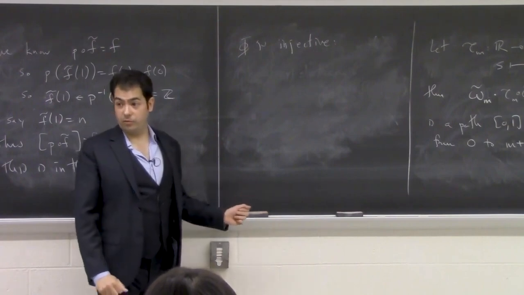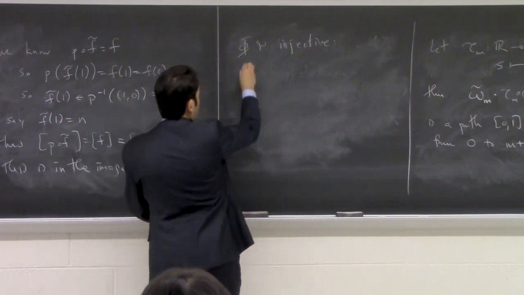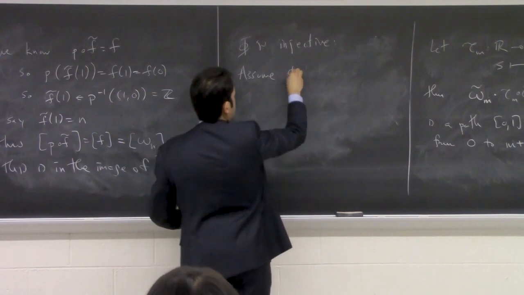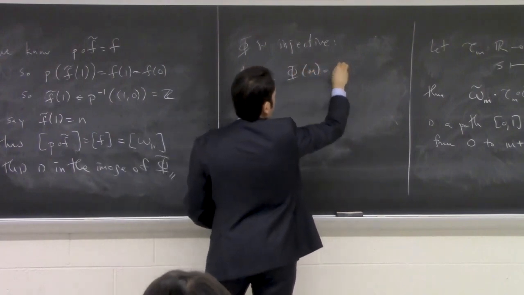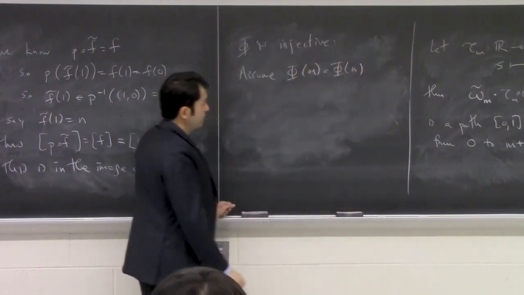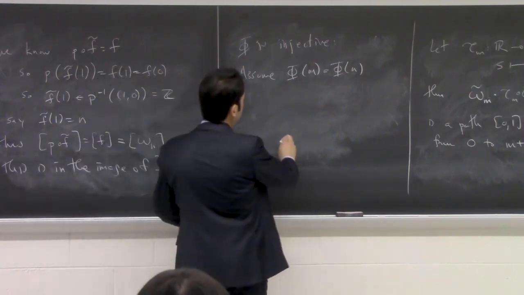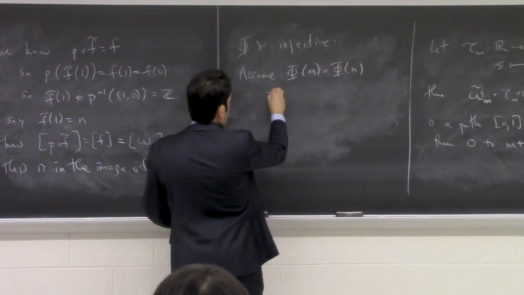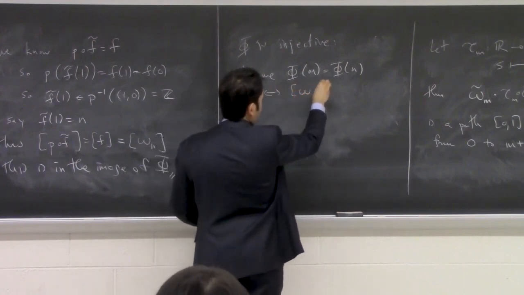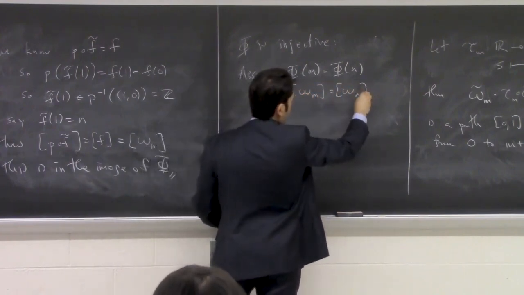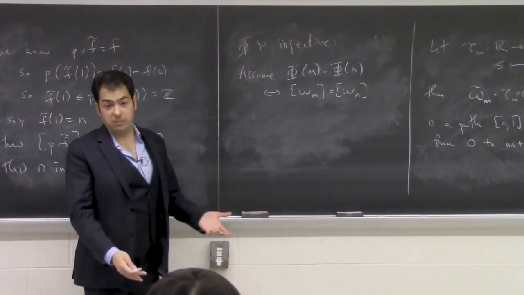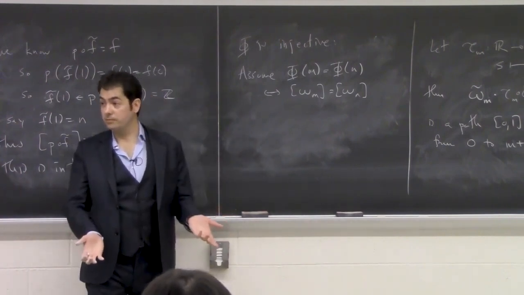Right? So as usual, you want to show it's injective, so you assume that two images coincide. So it's the same as saying that the homotopy class of omega m is the same as the homotopy class of omega n, and that's the same as saying that there is a homotopy between them.